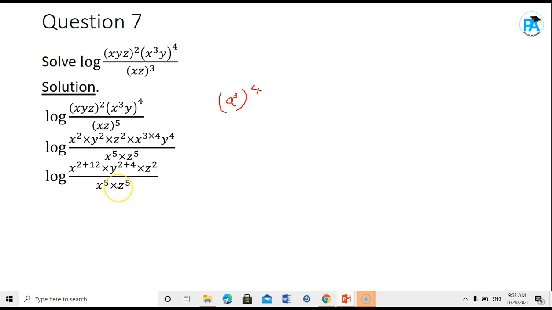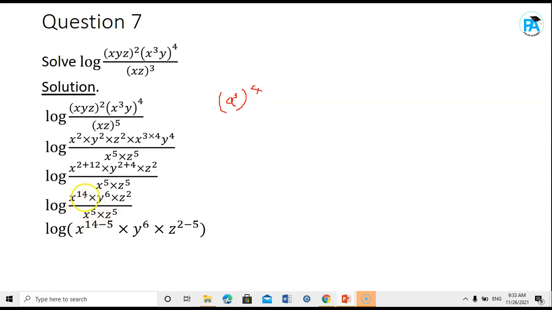Divided by this. Now, that gives you x exponent 14 times y exponent 6 times z exponent 2 all over x exponent 5, z exponent 5, isn't it? So that gives you what? Now, for division too, when you are dividing two things that have the same base, you should subtract the exponent.